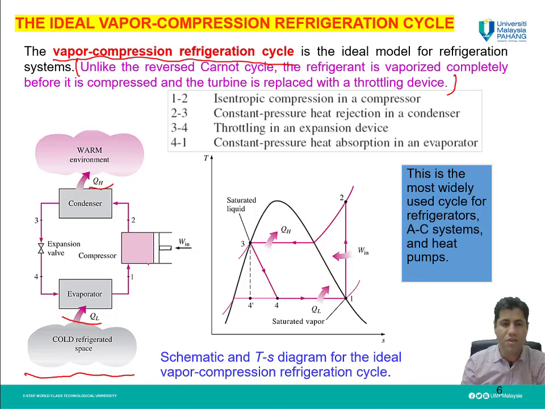But as you can see here, the compressor just handles a one-phase substance, which is a gas. In the TS diagram it can be seen more clearly: from state 1 to state 2, which is the compressor, we are in the superheated region.